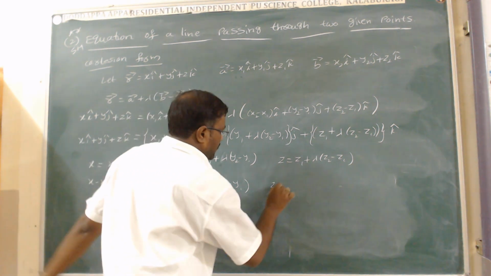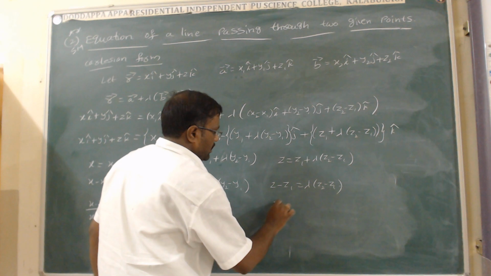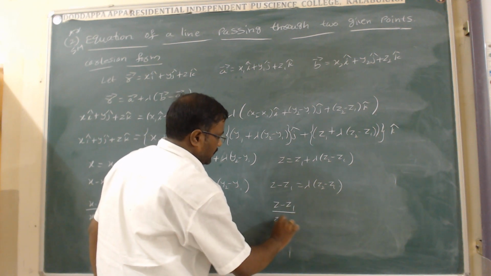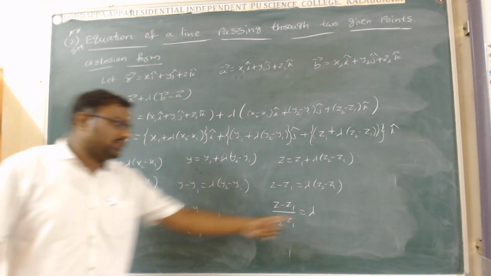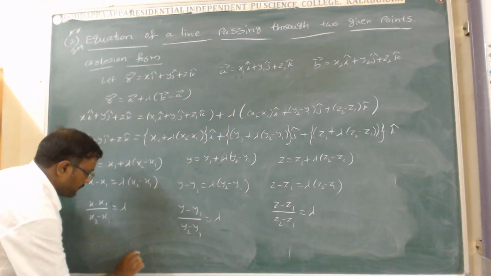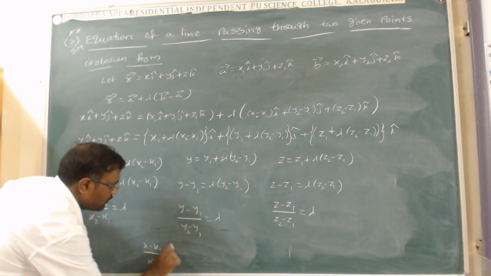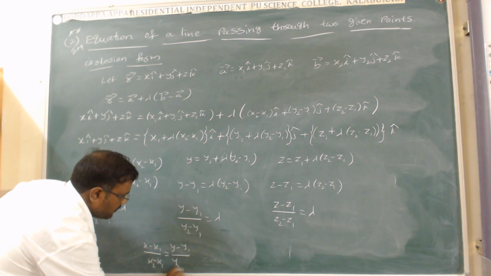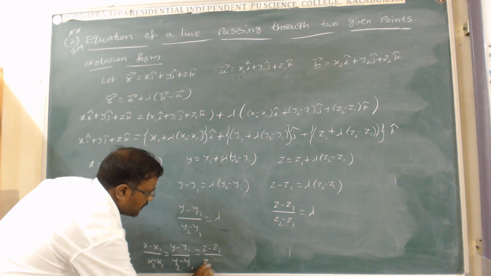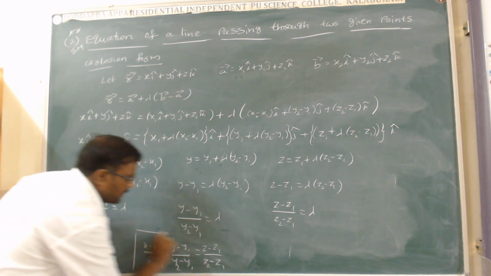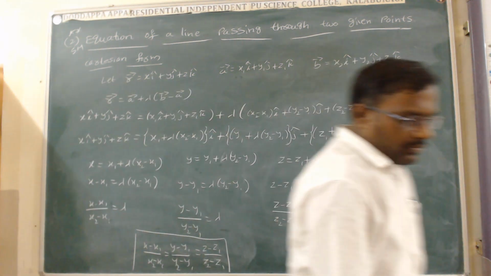Similarly, z minus z1 divided by z2 minus z1 is equal to lambda. All three values are equal to lambda. So therefore you can write x minus x1 divided by x2 minus x1 is equal to y minus y1 divided by y2 minus y1 is equal to z minus z1 divided by z2 minus z1. This is the Cartesian form of the line passing through the two given points.